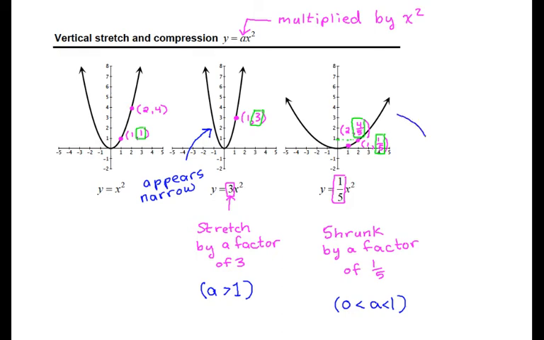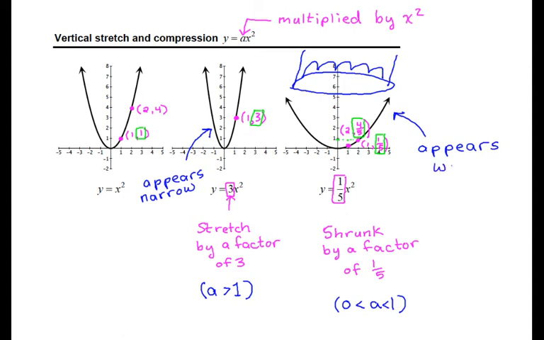And here we want to imagine if you had a parabola and an elephant came by and just stepped on it, put its big elephant foot right here. The fixed window that we're looking at this in would just make the graph appear wider.